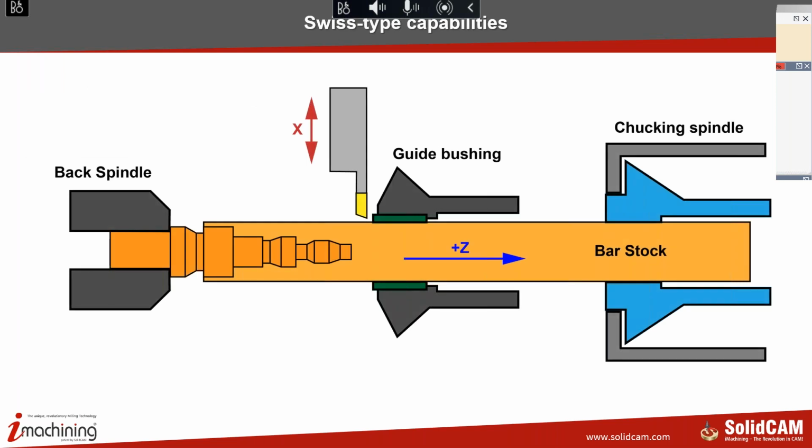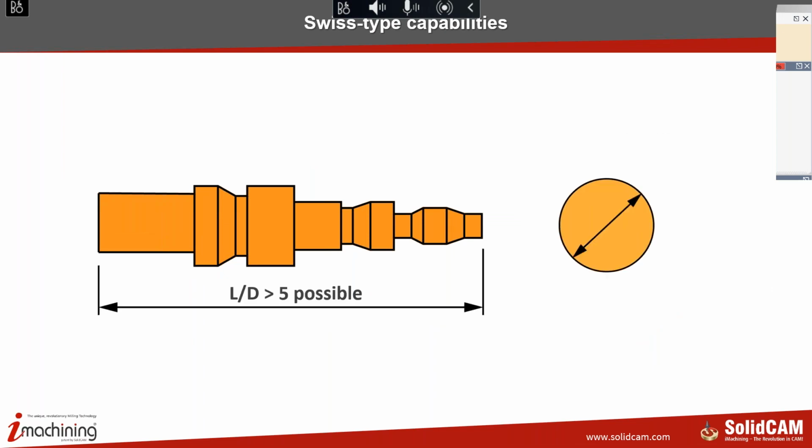Let's talk a little bit about Swiss type capabilities. It is very important that you don't get the wrong impression that those machines can do everything better. Actually, they have limitations. The first is regarding the dimensions of the part. The biggest advantage is that a length to diameter ratio bigger than 5 is possible, so very long parts with a relatively small diameter can be machined.